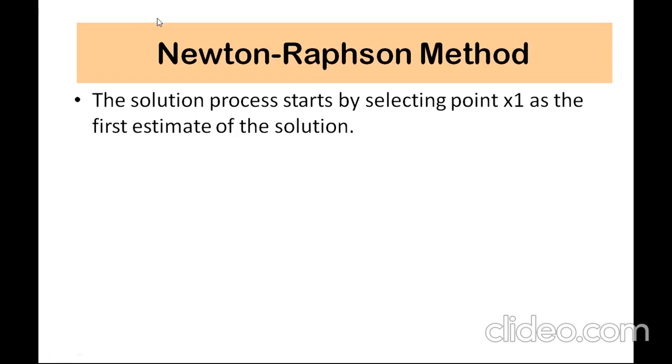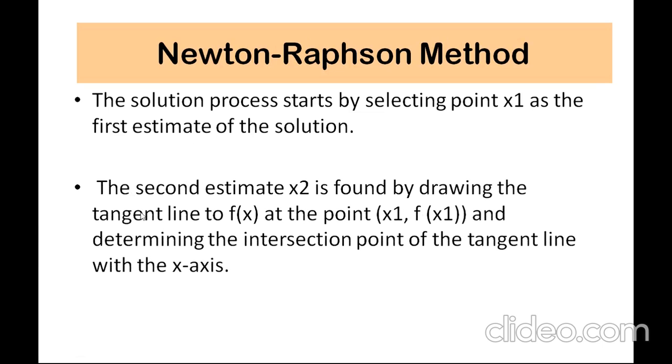The solution process starts by selecting a point x1, the initial guess, as the first estimate of the solution. The second estimate x2 is found by drawing the tangent line to f of x at the point x1 comma f of x1, and determining the intersection of the tangent line with the x-axis.